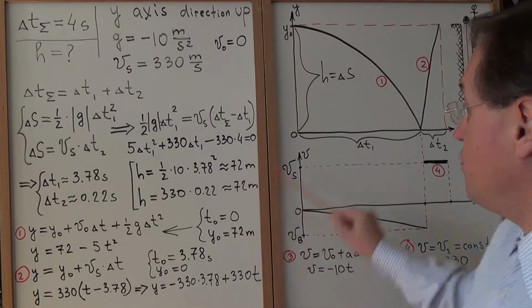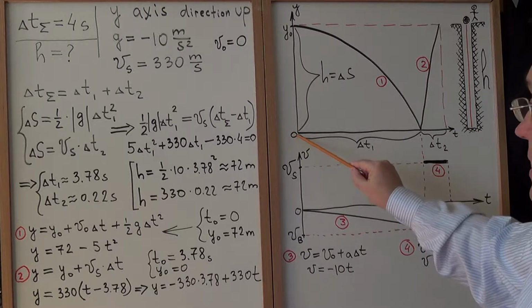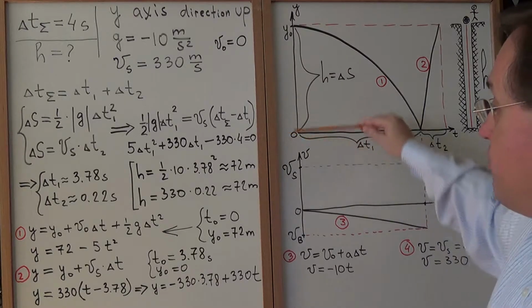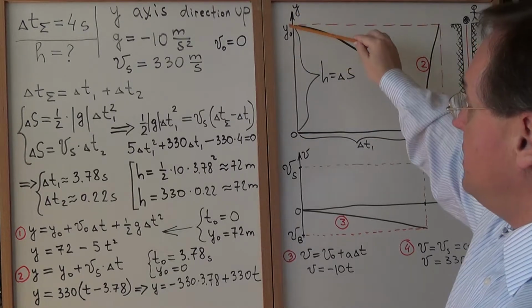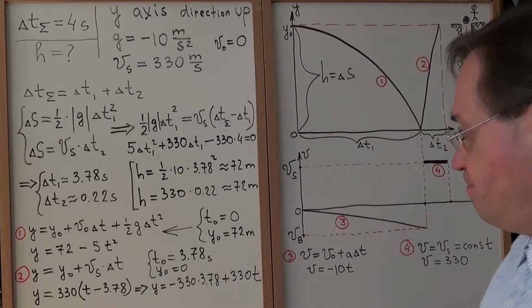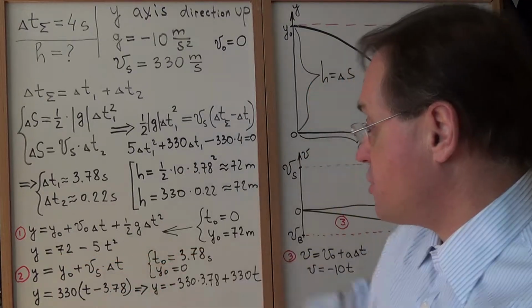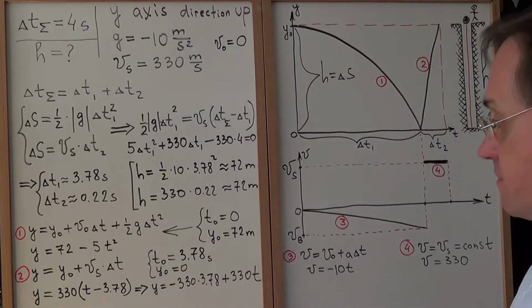Y0 equals 72 because we choose the point 0 at the bottom of the well, so that we start from this y1. This is our equation. This is our graph.